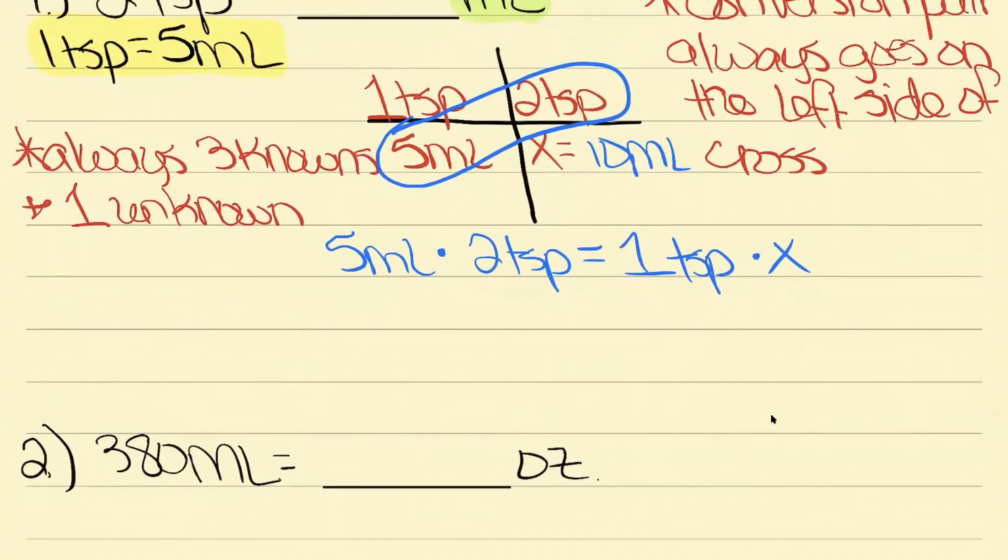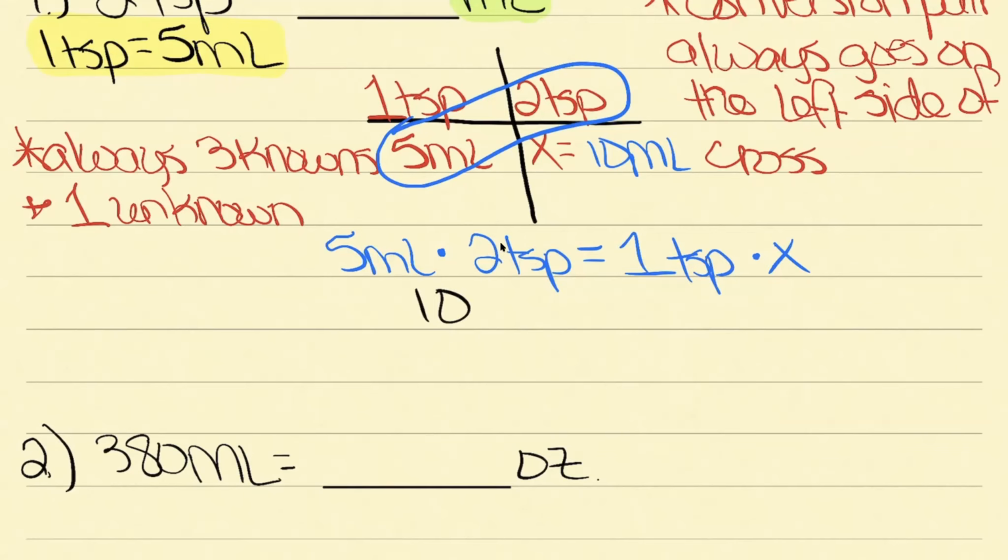Okay. So then you do a bit of algebra. So 5 times 2 is 10. And normally when I do it like this, I normally don't put the units because I want you to see what the units are supposed to be.